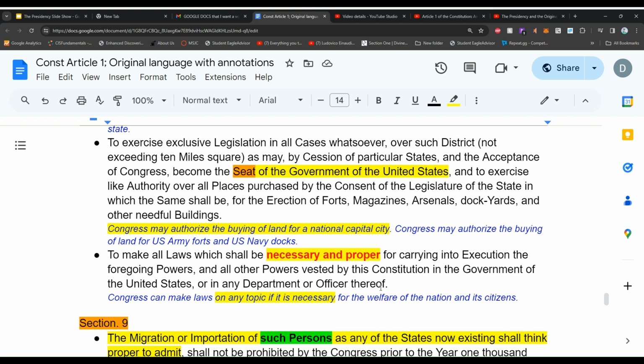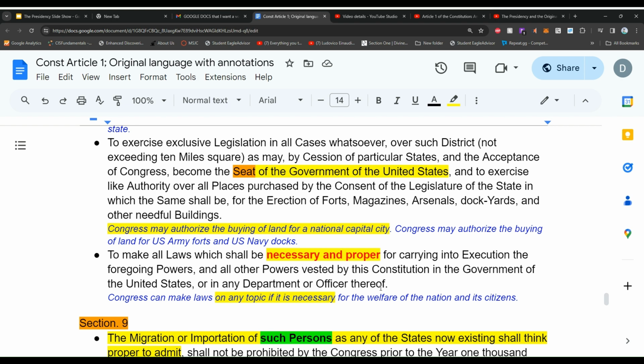The U.S. Congress bought land between Virginia, well, really out of Maryland and a little bit out of Virginia. Congress bought that land and then said, this is where we're going to build our national capital city. And they did not put it in a state. They carved out a separate district, which was called the District of Columbia.